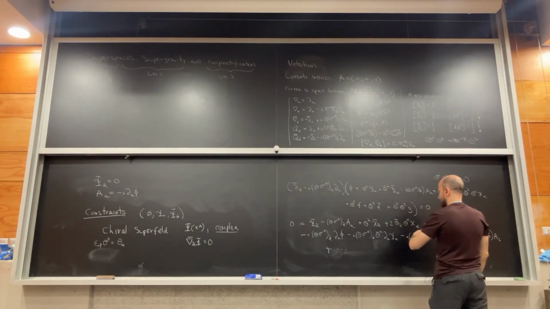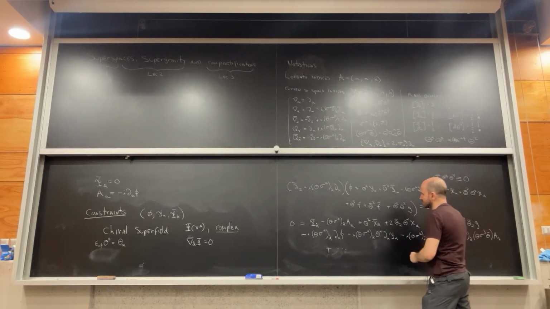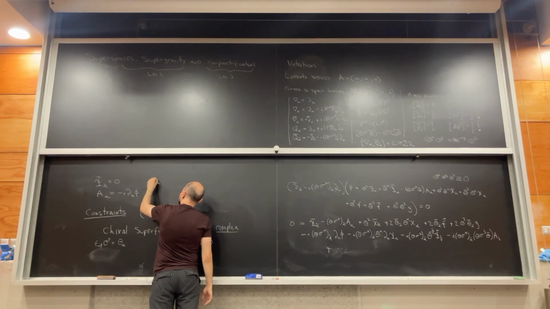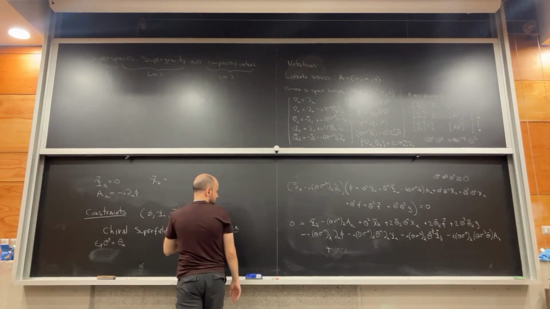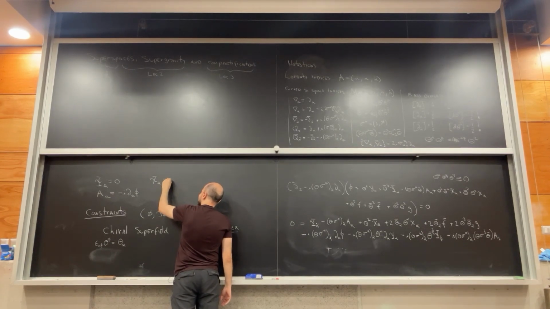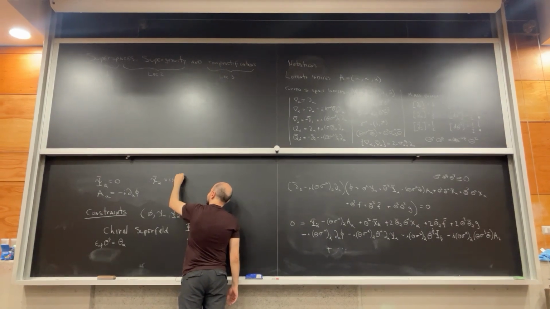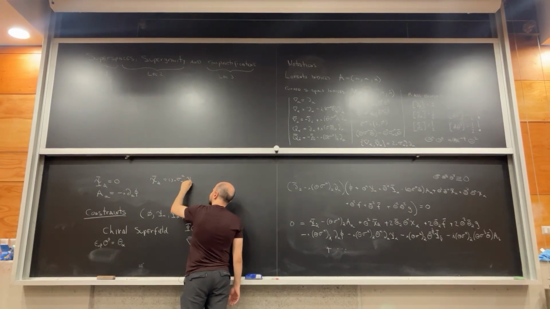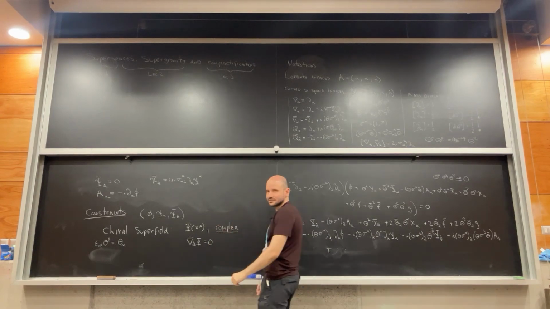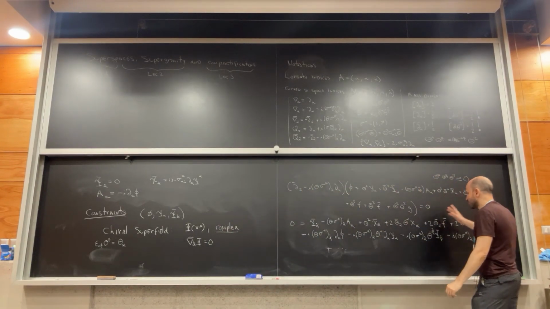So for this term together with this term to be 0, this chi alpha dot is not independent, it is going to be some number here. I'm not going to calculate it, i sigma, then del psi alpha. And I can keep going.